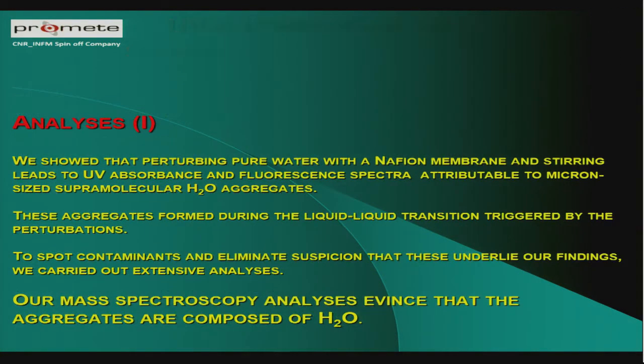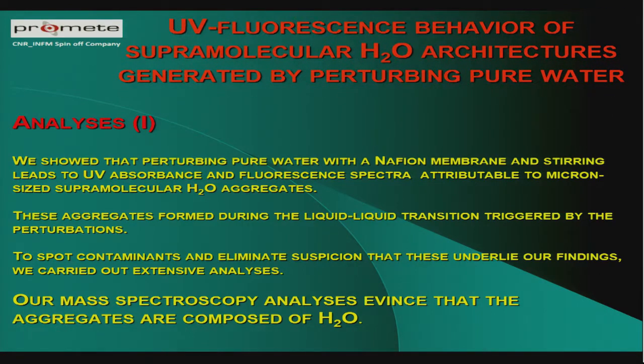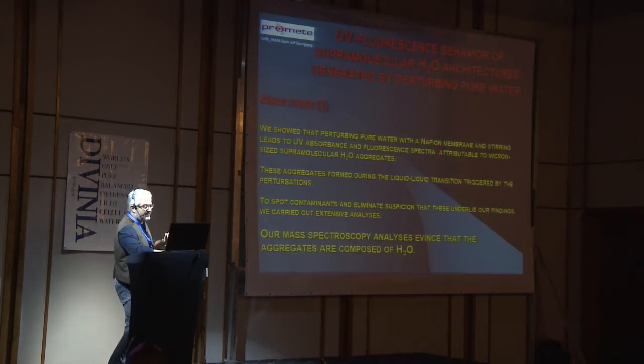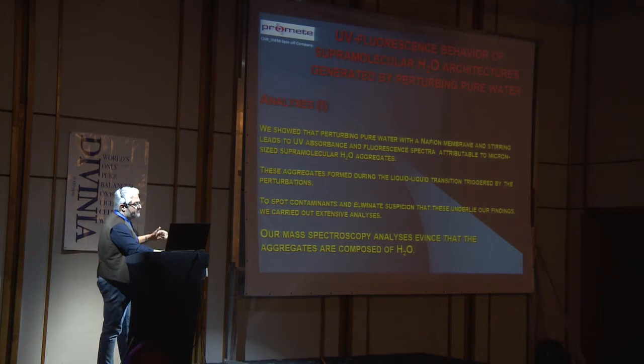But it is interesting. Okay, let's speak first about the analysis we were performing, as I told before. We showed that there are no contaminants, finally. So it is possible to be sure that there are no contaminants at the origin of this behavior.